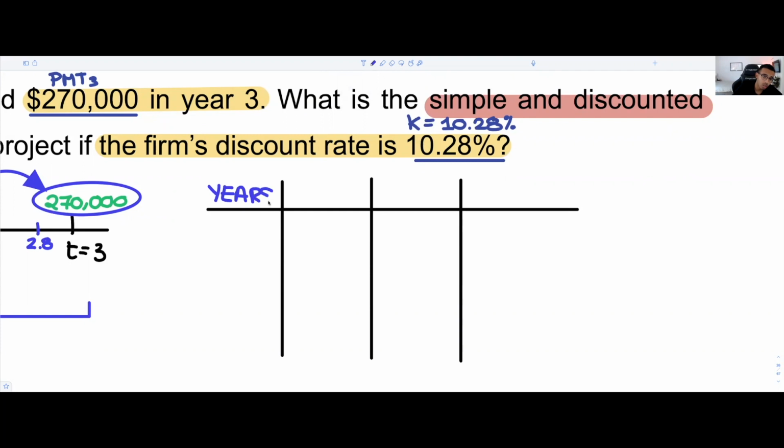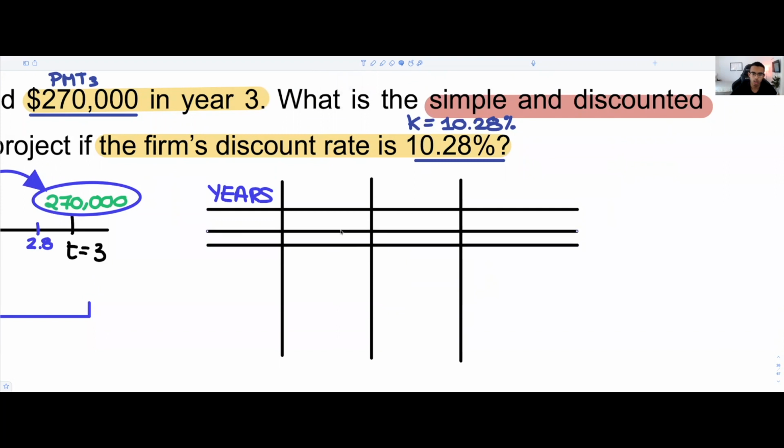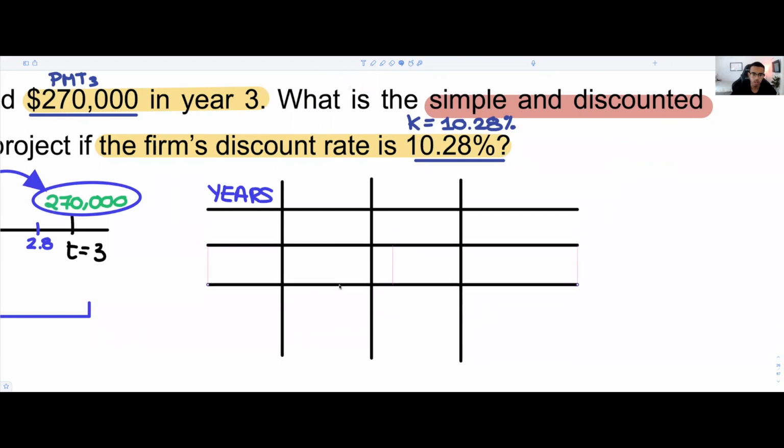We know that we're only looking at a few years, so I could copy and paste. We're going to have year 0, year 1, and so on, every single year that we looked at: year 1, year 2, and year 3.